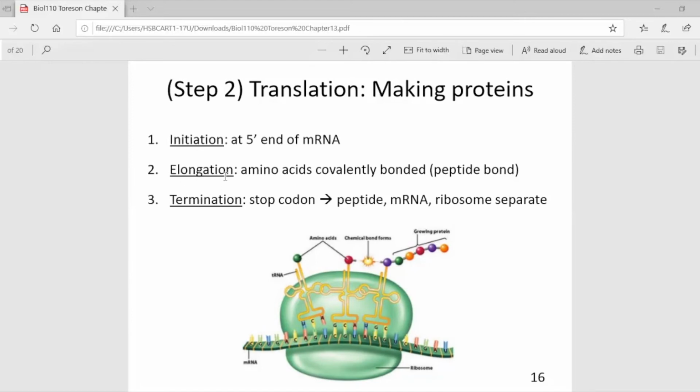And then elongation is when the next amino acids are added. And finally, termination is when the stop codon is reached. And that signifies the end of the polypeptide and the end of translation. Once translation ends, the polypeptide must be folded correctly by chaperone proteins in order to become a functional protein.